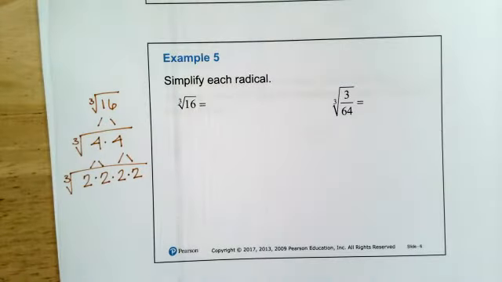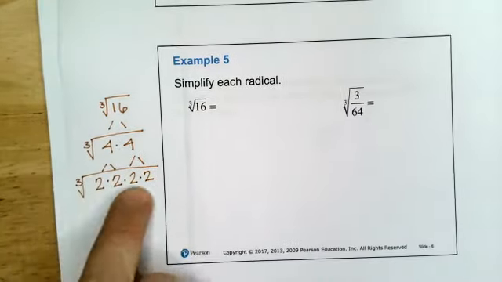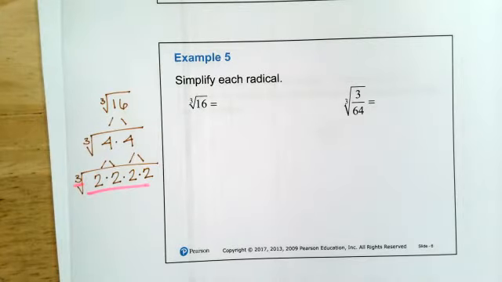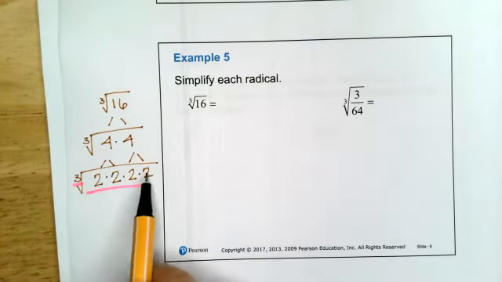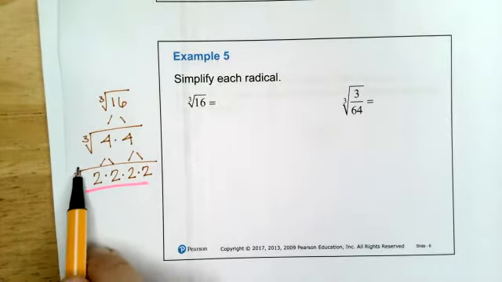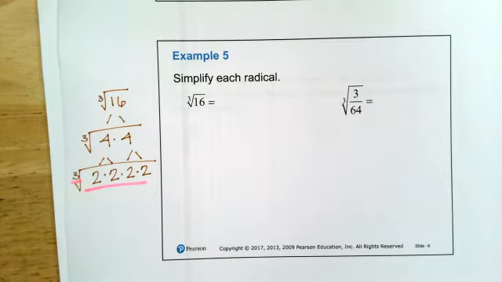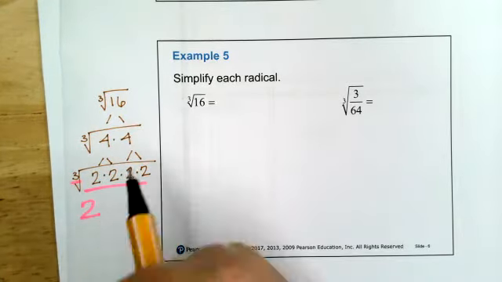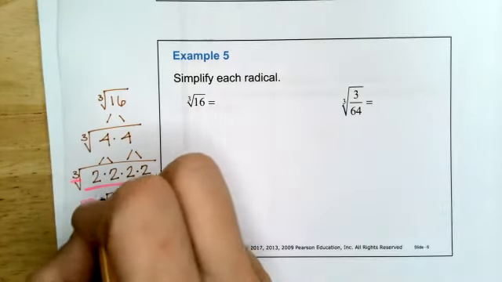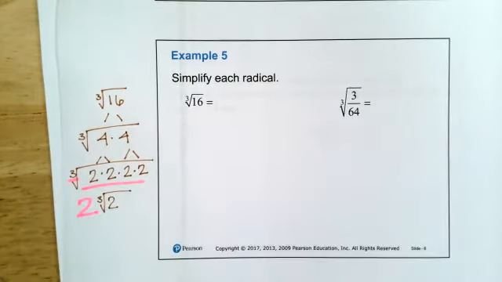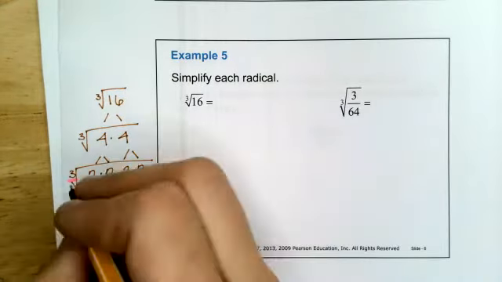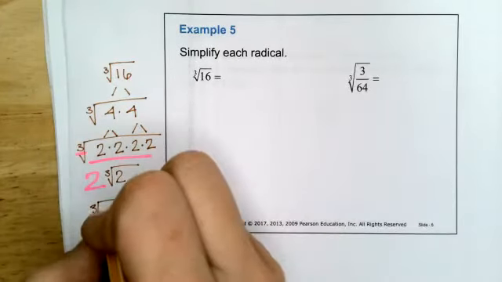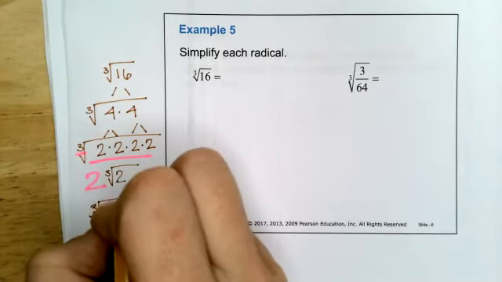Remember, if you have a number times itself this many times, you can take it out. So 2 times 2 times 2 times 2 under the index of 3 becomes 2 for those 3 2's, cubed root 2. Because it was 2 to the 4th.